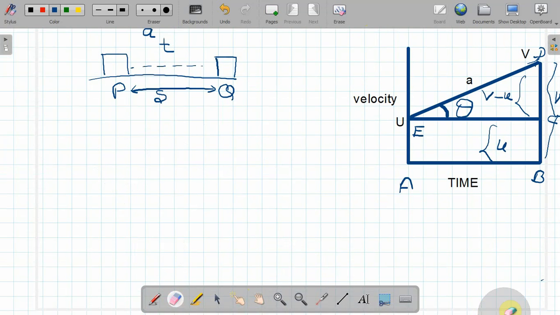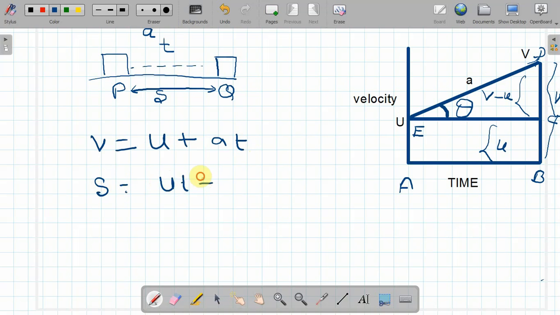So always remember some important concepts: V is equal to U plus AT in the first equation, S is equal to UT plus half AT square, which is the second equation of motion, and V square is equal to U square plus 2AS, the third equation of motion.